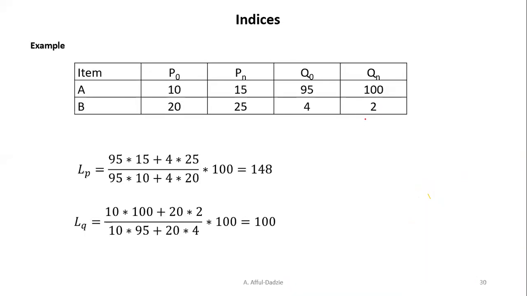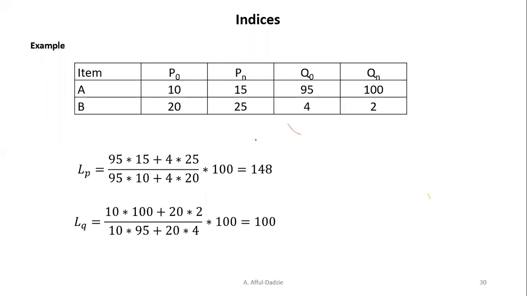So let's try an example. Let's say we have 2 items, A and B. We have the base price and the current price, the base quantity and the current quantity. If we are finding the Laspeyres price index, we will use the base quantity as the weight.